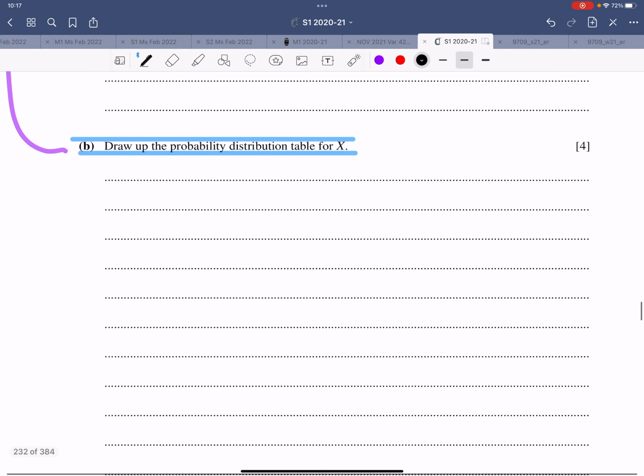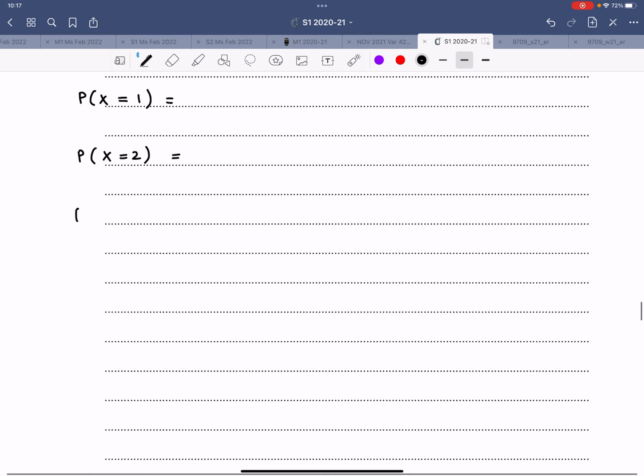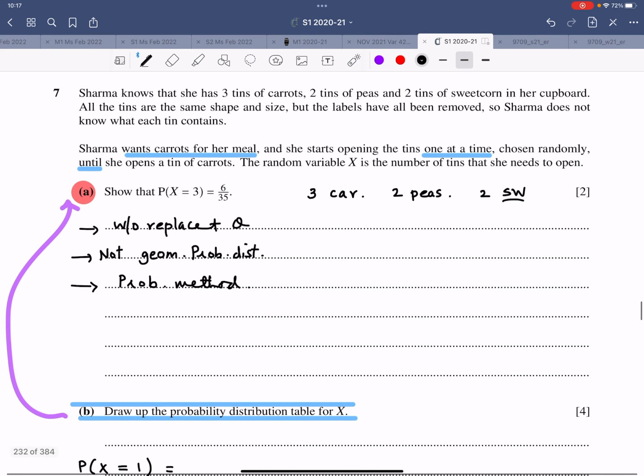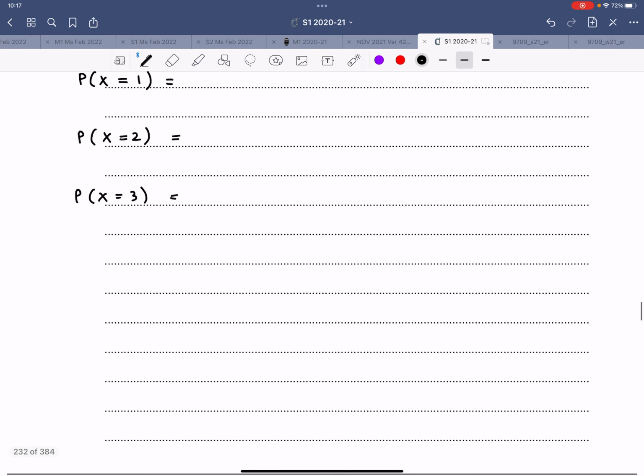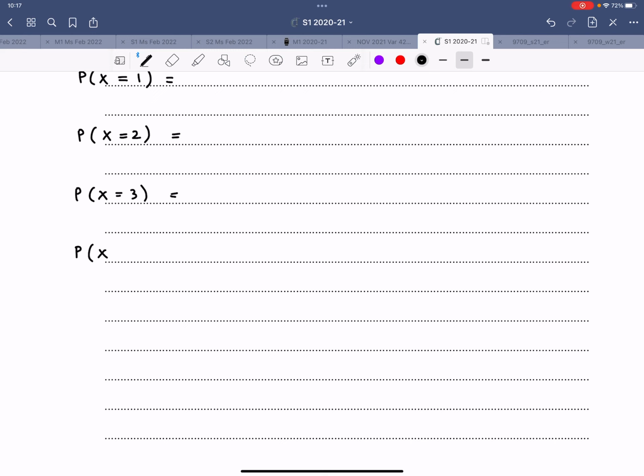Probability X equals 1. You get lucky. Sharma gets lucky in the first instance. Probability X equals 2. Let me write everything. Probability X equals 3. There are 3 carrots and 4 others. That means, let me first write it. Probability X equals 4 and probability X equals 5, and I'm stopping over here. Why?